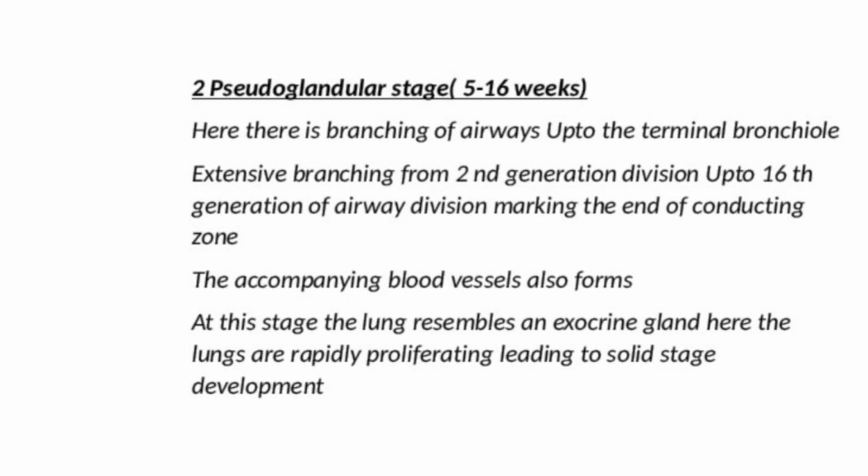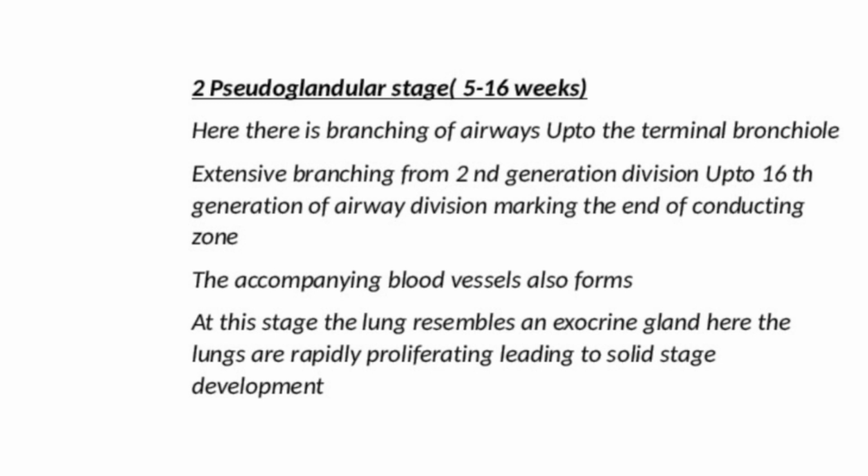So there is extensive branching from the second airway generation up to the 16th generation of airway division, marking the end of the conducting zone. Also, there is a formation of blood vessels accompanying this continuous branching of the bronchus.